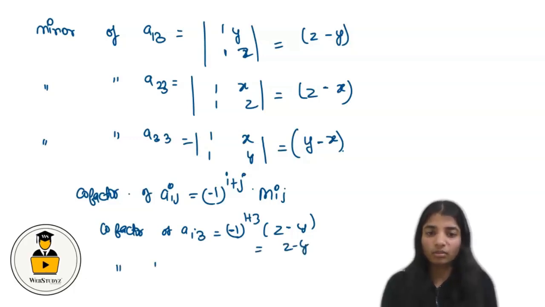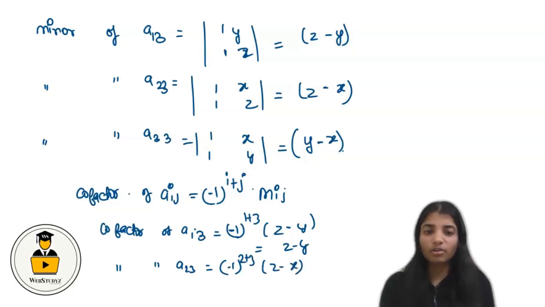In the same way, the cofactor of a23 is minus 1 raised to the power 2 plus 3 multiplied by its minor, that is z minus x. Minus 1 raised to the power 5 is minus 1, and minus 1 multiplied by z minus x is minus of z minus x, or we can say x minus z.